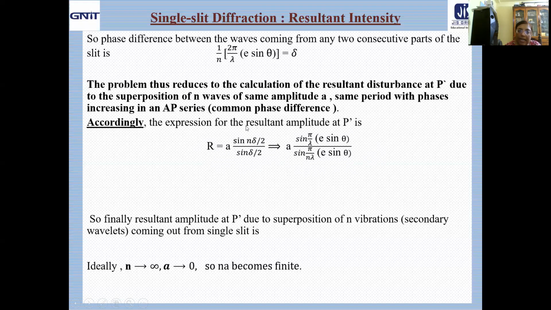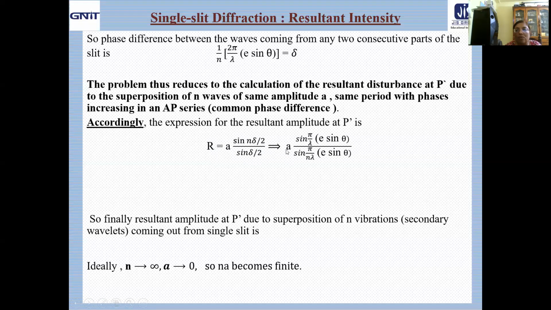Actually, this is the standard expression for the resultant of n waves of same amplitude A and having a common phase difference of delta.